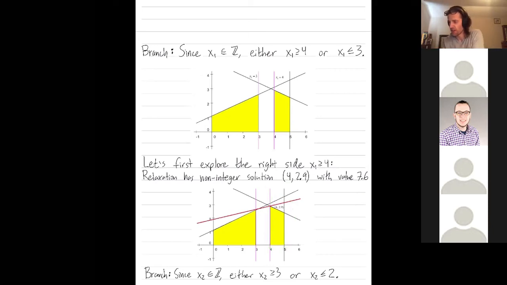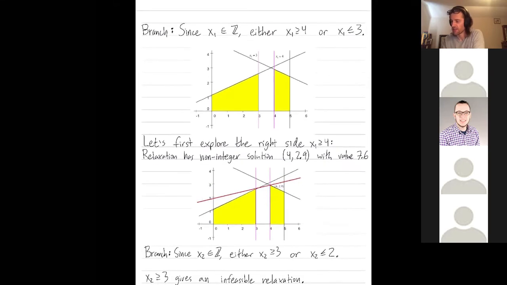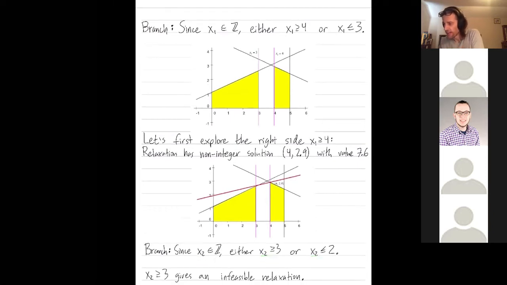Think of doing the split at 2.5, but really you can think of doing the split at less than or equal to 2 or greater than or equal to 3. Since x2 is an integer, it's either at least 3 or at most 2. It turns out that when I look at the part at least 3, it's infeasible. There are no solutions. And you find that with the simplex method very fast.